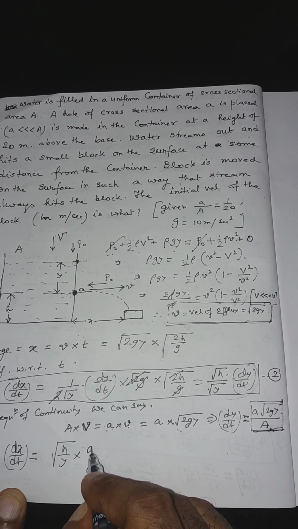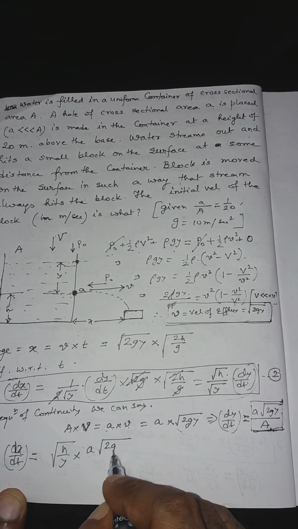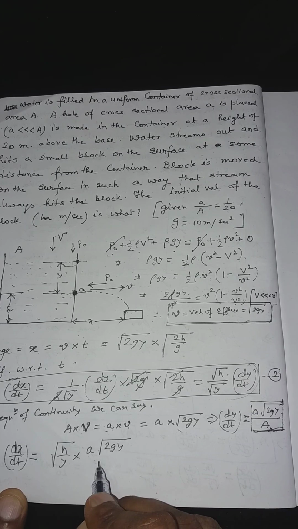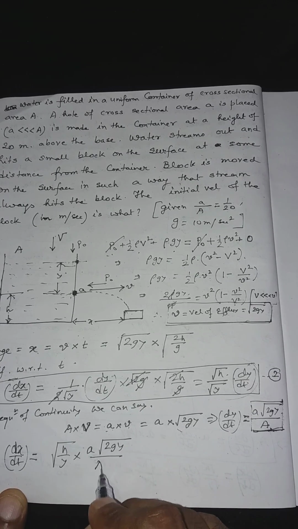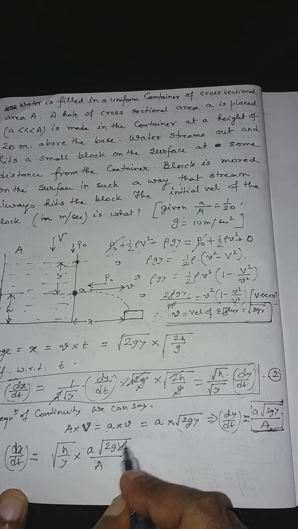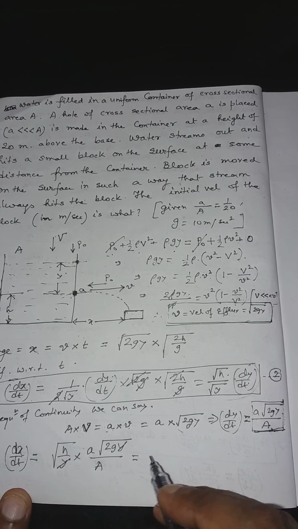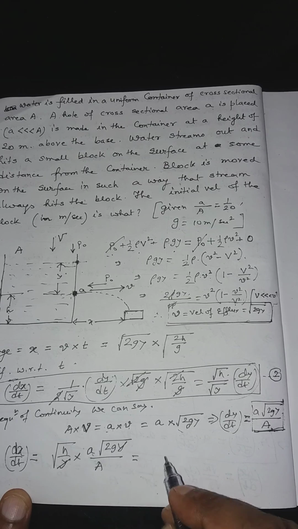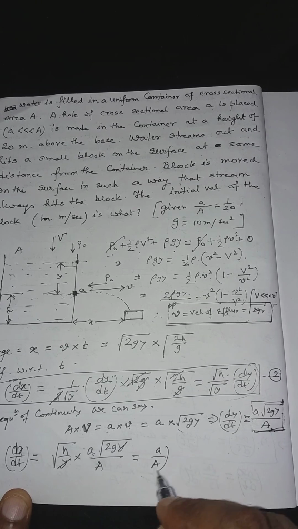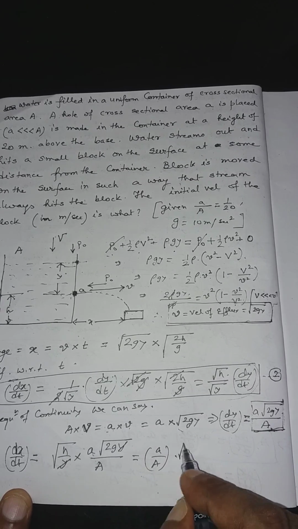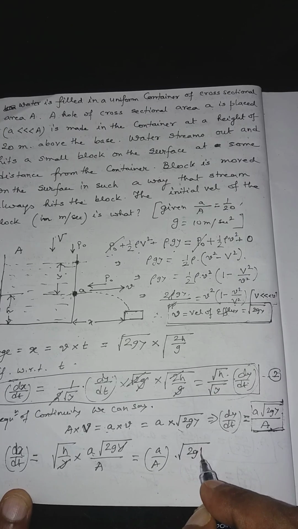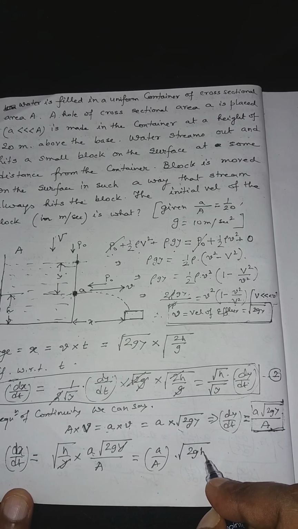So we are going to get a into root over 2gy by capital A. Here you will see that y and y will be struck out, and it will be root over small a by capital A. This will be one portion, and another portion will be root over 2gh.